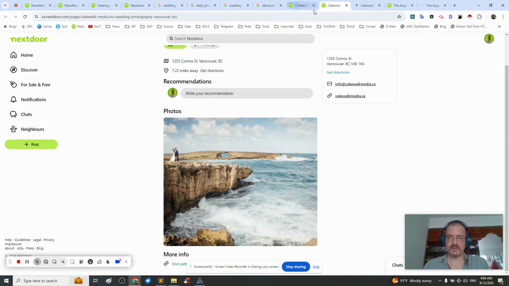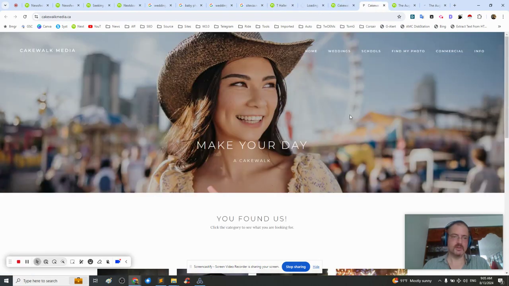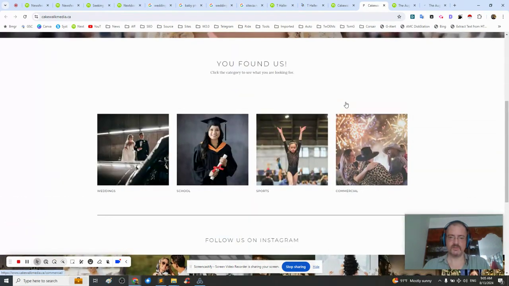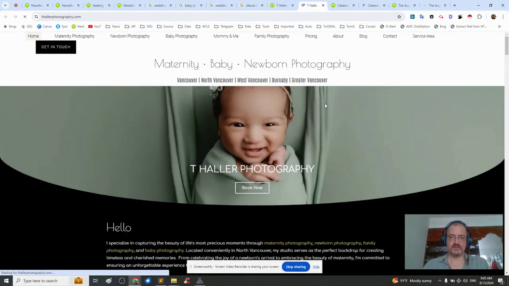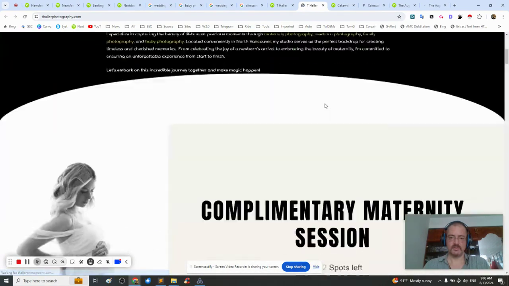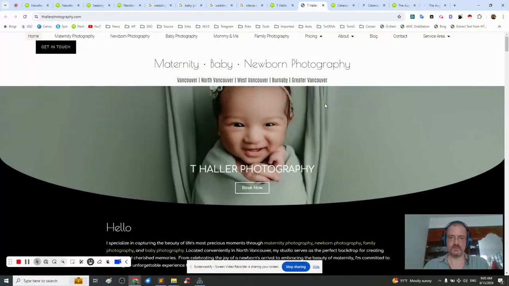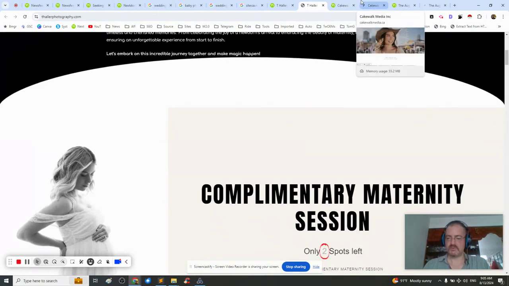That's too bad. And here for this profile, Cakewalk Media needs to check, they have an Instagram feed. Okay. And this one is specializing in maternity and newborn baby. Excellent.